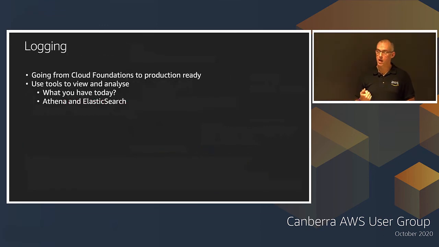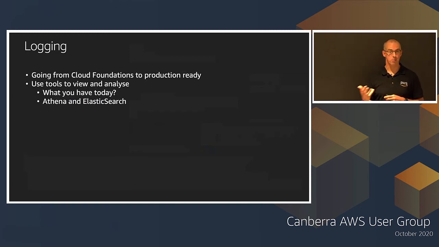Now, in terms of logging and the data that comes out of your foundational environments, from your foundational deployment you generate a whole bunch of logs out of CloudTrail, S3, VPC flow logs, CloudFront potentially, and some load balancers once you get workloads in there. There's a whole bunch of traffic generated. Making sure that as you go through this, you've got tools to gather and analyze those logs is really important.